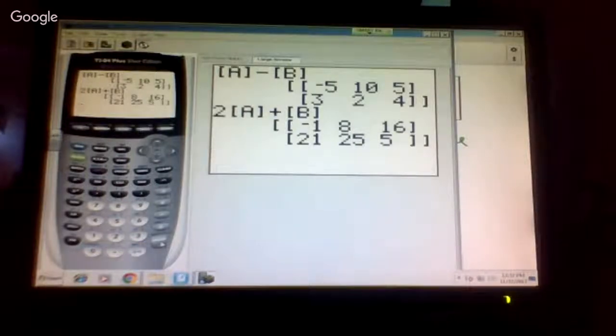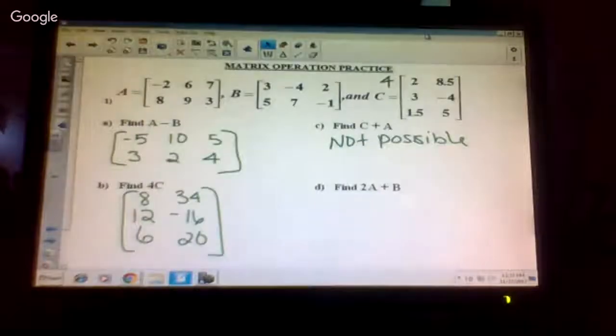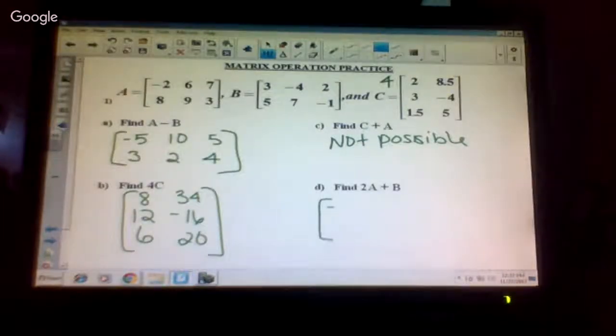Calculator does order of operations for you. So it multiplied matrix A by 2 first, and then it added matrix B. So can somebody read me that so I can put it in here? -1, 16, 21, 25, 5. Perfect.